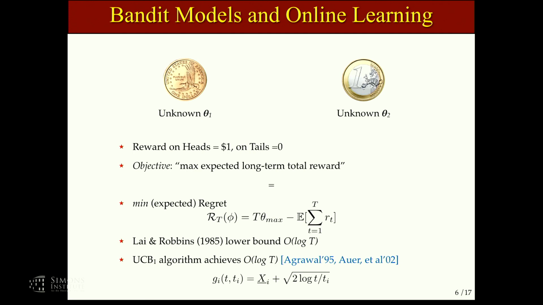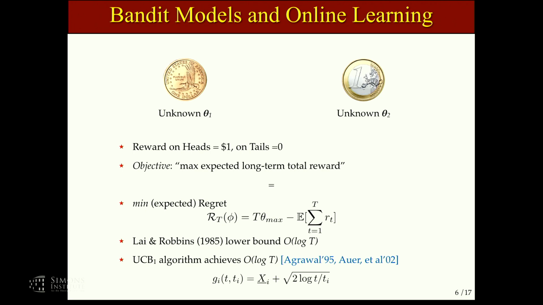And by now, of course, this morning you heard about the UCB algorithm, and probably everybody here knows about it. The UCB algorithm is one algorithm that can actually achieve this lower bound as well. So in that sense, it's order optimal. The way it works is that you define an index for each coin or each arm. The first term is just the average reward that you got from tossing coin i.